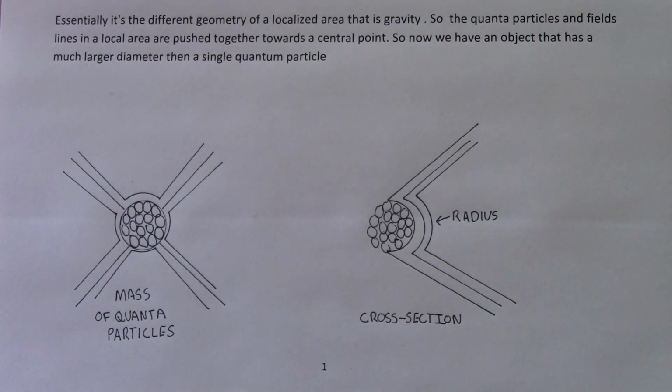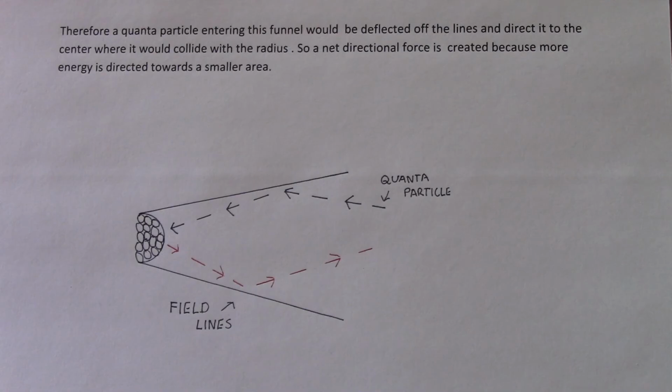However, what prevents this from happening and holds the particle together is a funneling effect of the quantum particles onto the radius by the distorted field lines. So the field lines distorted like this act as a funnel.